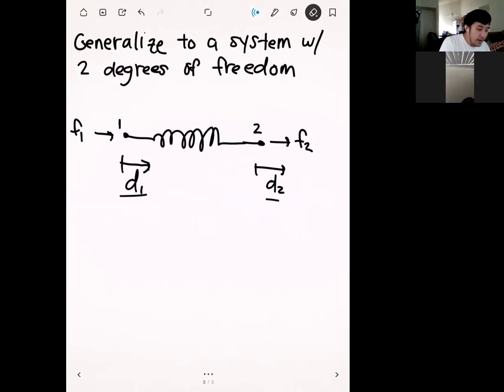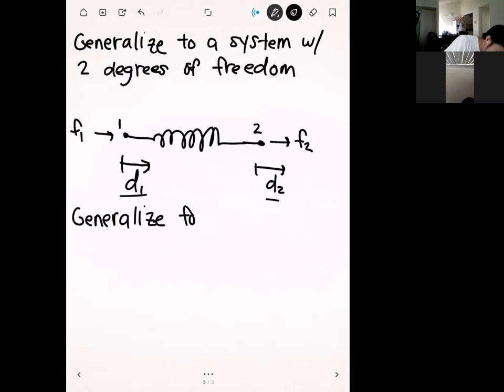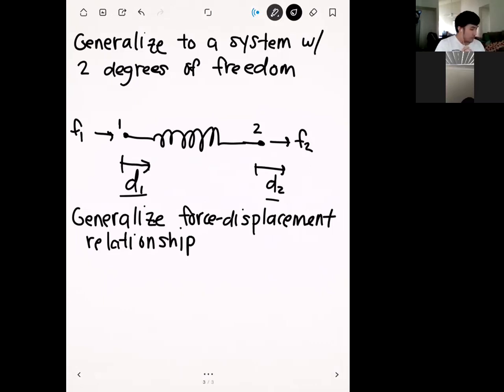So we need to generalize our force displacement relationship. And so our system should now look something like this.